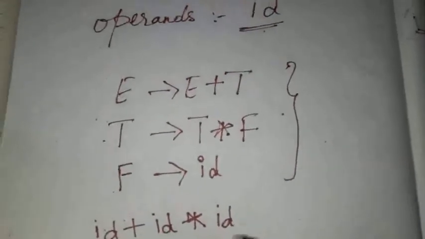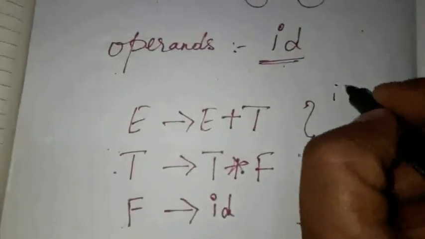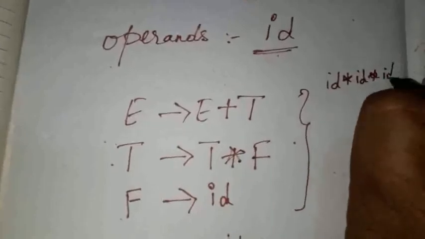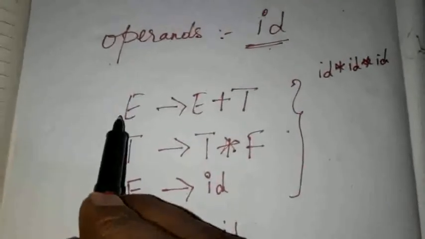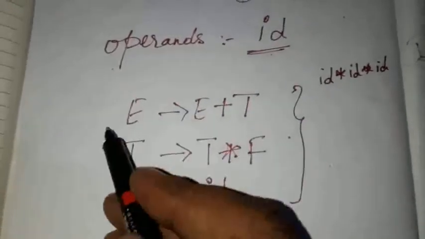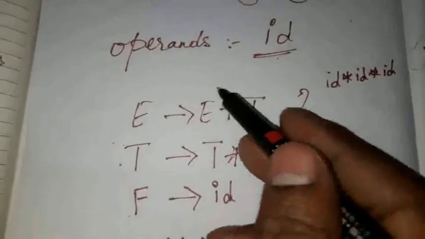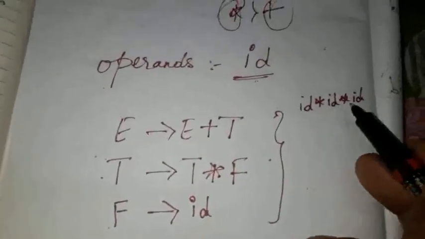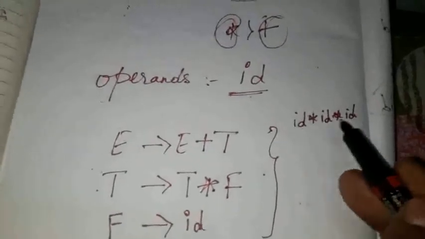Suppose instead of taking ID plus ID star ID, if I had taken ID star ID star ID, what is the start symbol? E is the start symbol. And according to the grammar, see, if you want to go to multiplication, first you have to do addition, right? But that is not the case here. I don't have an addition operator, I only have multiplication operators. So there is something more that is missing here.